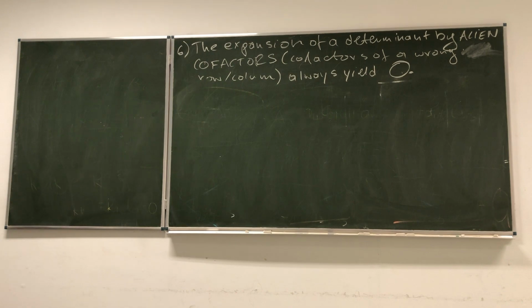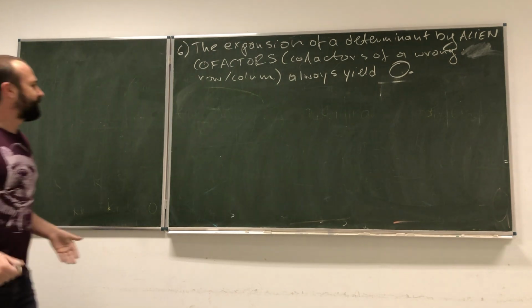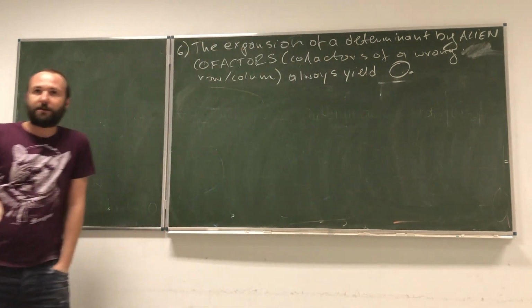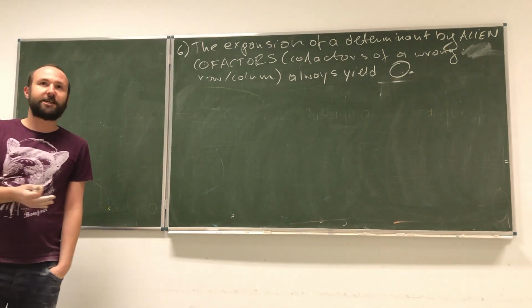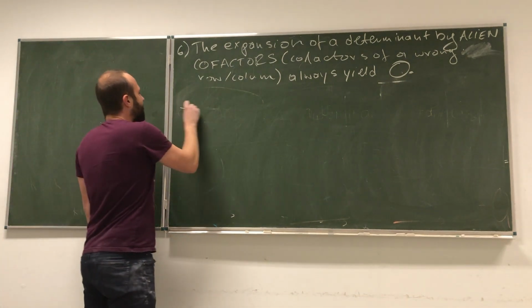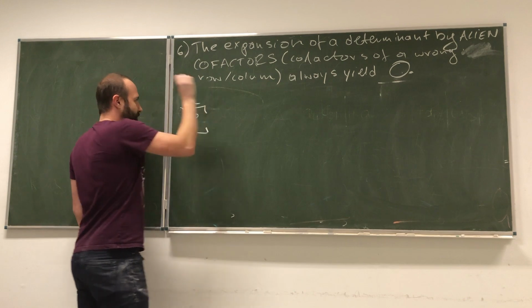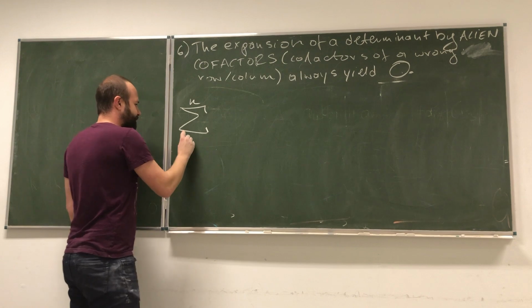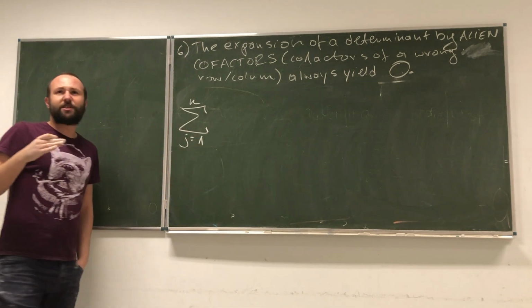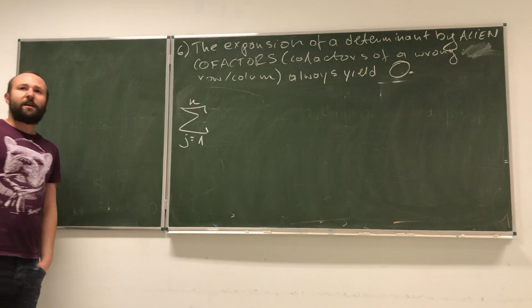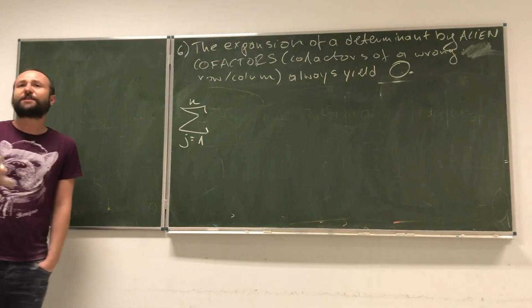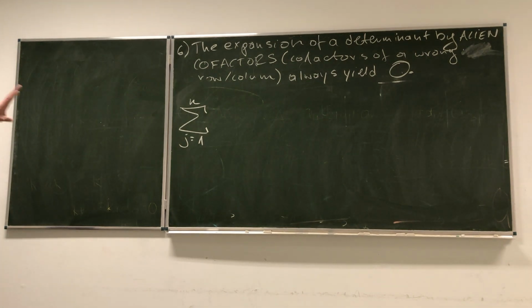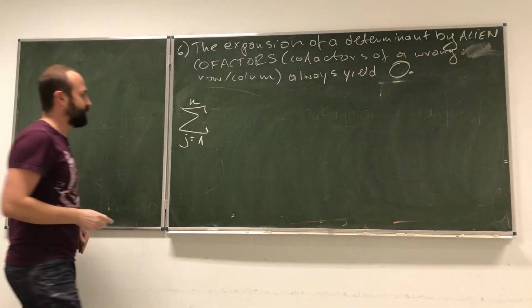Okay, so now the only interesting thing we've skipped about alien cofactors is, of course, the formal way of writing it. Again we will use the sum symbol. We are assuming that we have some determinant n by n. And all we need to do is modify the formula we already had for Laplace expansion.